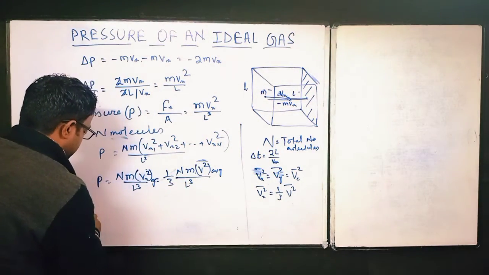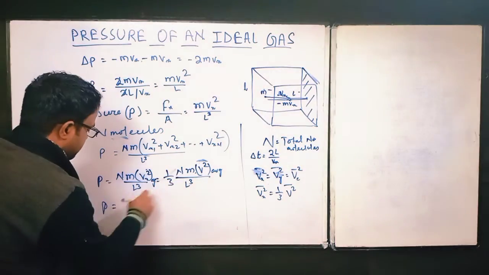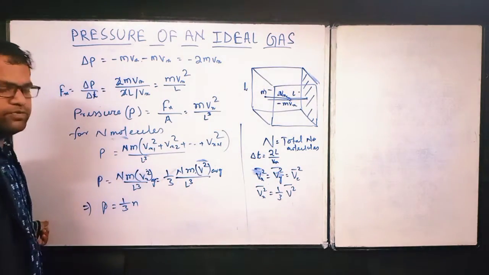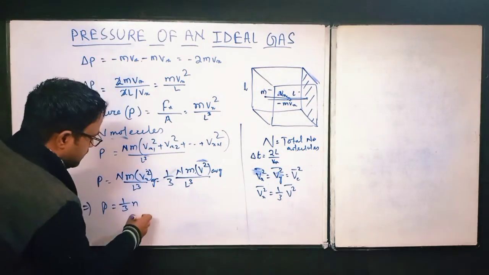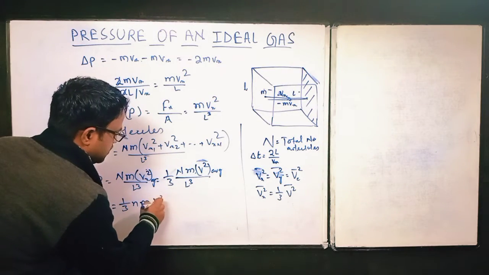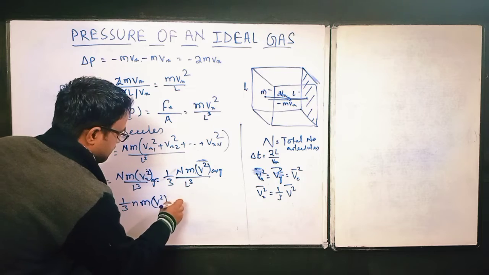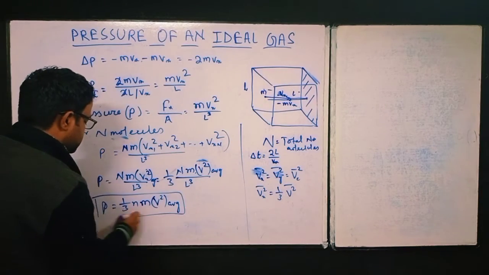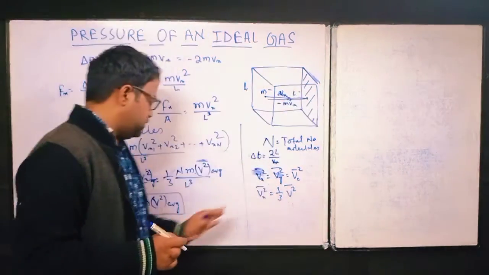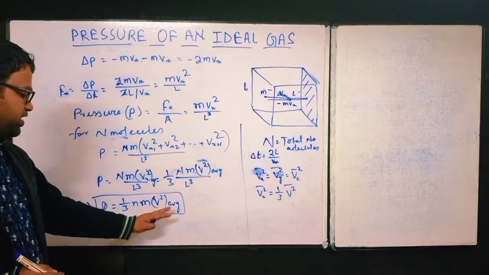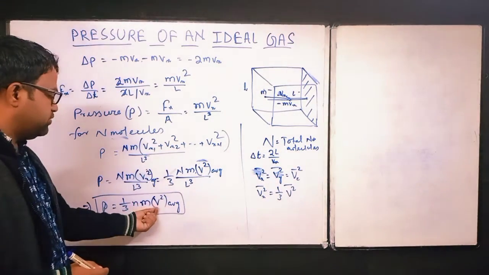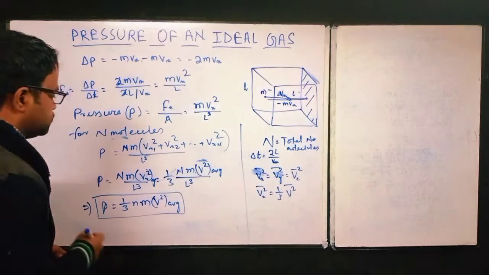So basically pressure equals 1 by 3 n m V square average, where small n is the number of molecules per unit volume, small m is the mass of one molecule, and V square average is the velocity square average. I hope this is clear. This is the pressure on the wall.